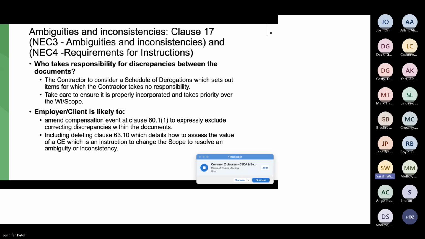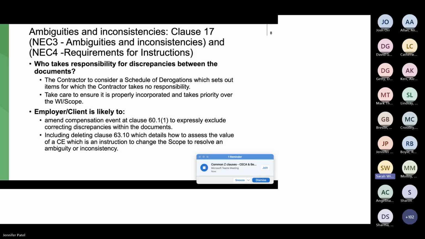Okay, so getting into the detail of the changes that we tend to see. In NEC 3, we have provisions with regard to ambiguities and inconsistencies, and in NEC 4, it's referred to as requirements for instructions, albeit it's all the same thing.